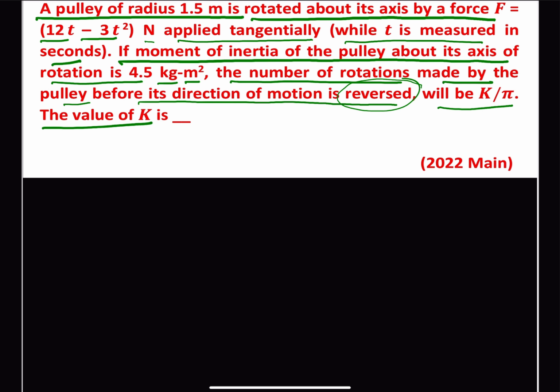And here we have to keep in mind one important point, that is the reversal of motion. This reversal of motion basically means when angular velocity will be equal to 0, then the reversal of the motion is going to take place.